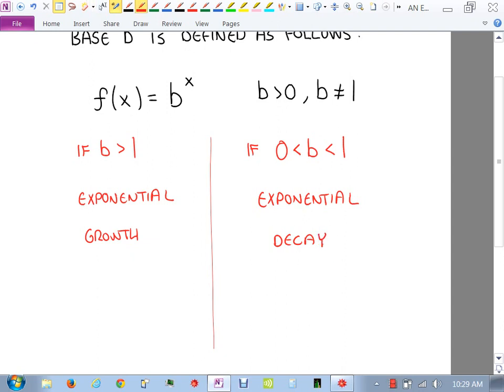So like when our base was 2, it grew, right? When it was 3, it grew. When it was 1/2, which is less than 1, it decayed.